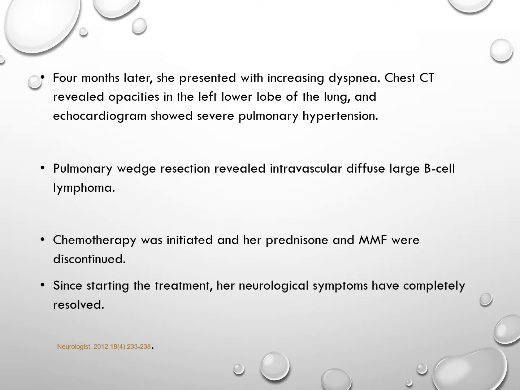The resection revealed severe intravascular diffuse large B-cell lymphoma. So in spite of the negative PET CT, the patient had a B-cell lymphoma. Chemotherapy was started, and prednisolone and MMF were discontinued. Since starting the treatment, the patient's symptoms related to her mental status, neurological symptoms, and hearing loss completely resolved.